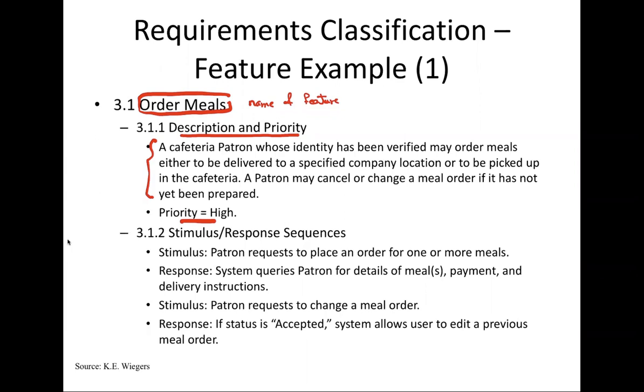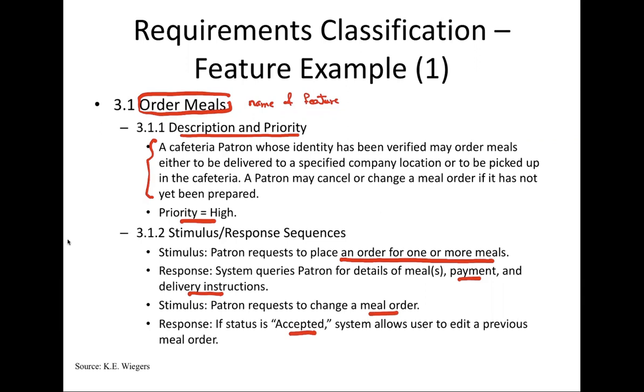Now you have to list the entire stimulus and response sequence to order a meal. The first stimulus: the patron requests to place an order for one or more meals. The response, what the system would do: the system queries the patron for details of the meal, and of course payment and delivery instructions. The second stimulus: the patron requests to change a meal order. If the status is accepted, what would the system do?